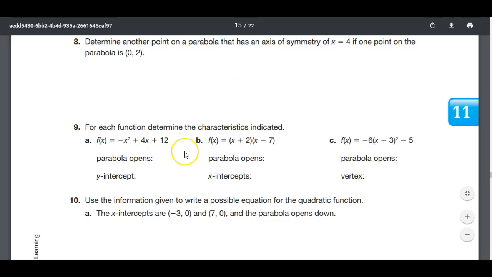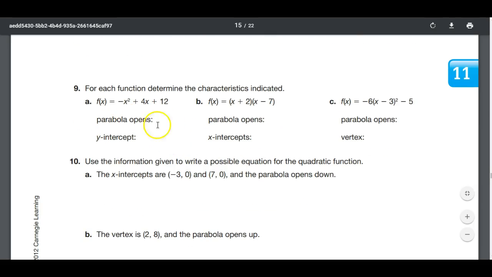For each function, determine the characteristics indicated. Parabola opens: this is negative, so it opens down. The y-intercept is right here. C is the y-intercept in standard form, so it would be at 12. So the parabola opens down and the y-intercept is 12. Next, I have an a value you can't see, so it must be positive 1, so it opens up.